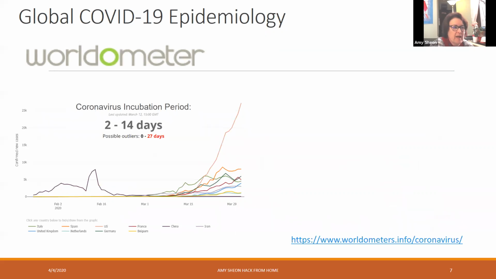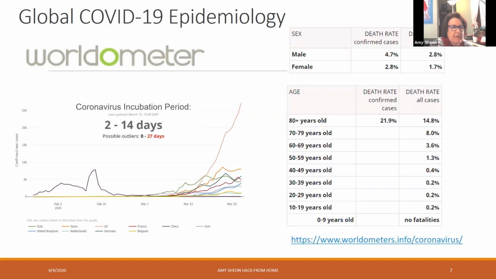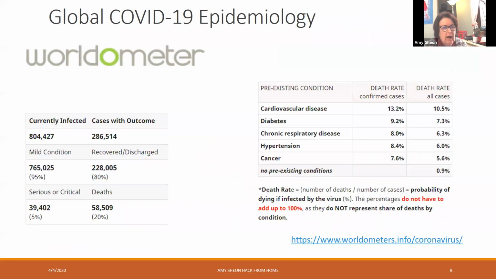Of course, the incubation period is of fundamental importance, and we know that deaths are more common among males, and of course the death rate is very much elevated, higher rates among elderly people, partly because of pre-existing conditions that are more common among older people.